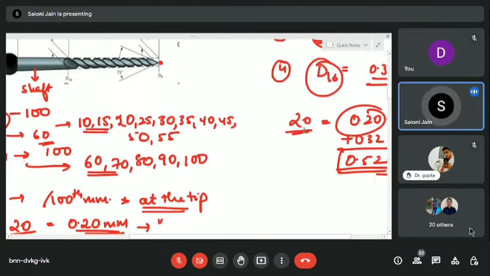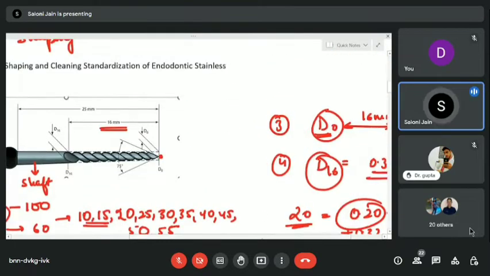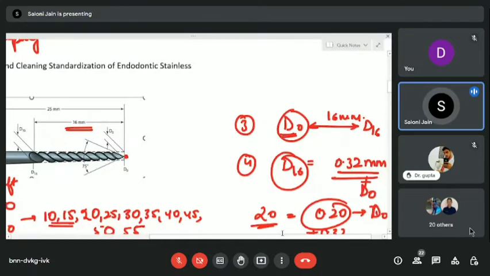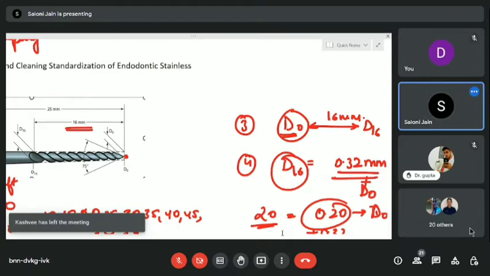Then they said that because the blade ends at a distance, that distance should be 16 mm apart from D0, and that is known as D16, because it is ending 16 mm apart from D0. So the distance between D0 and D16 basically becomes 16 mm.